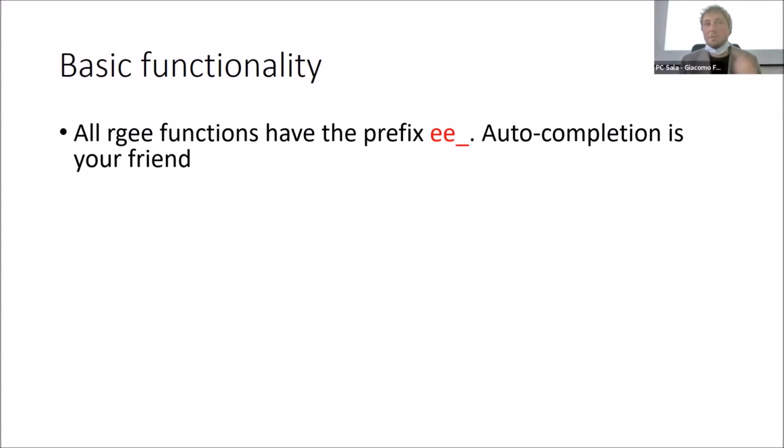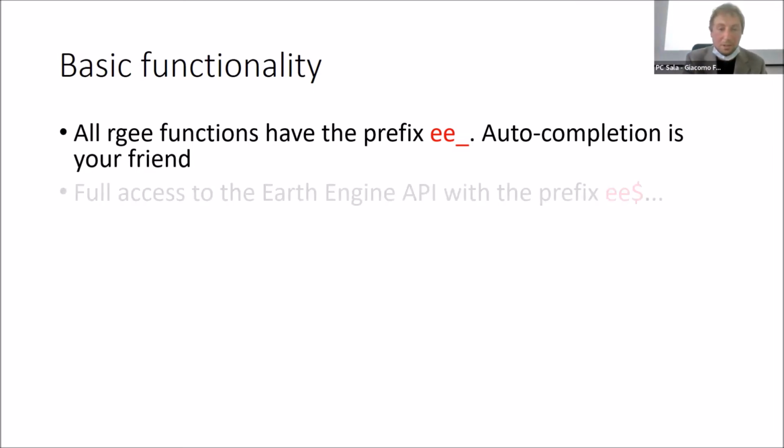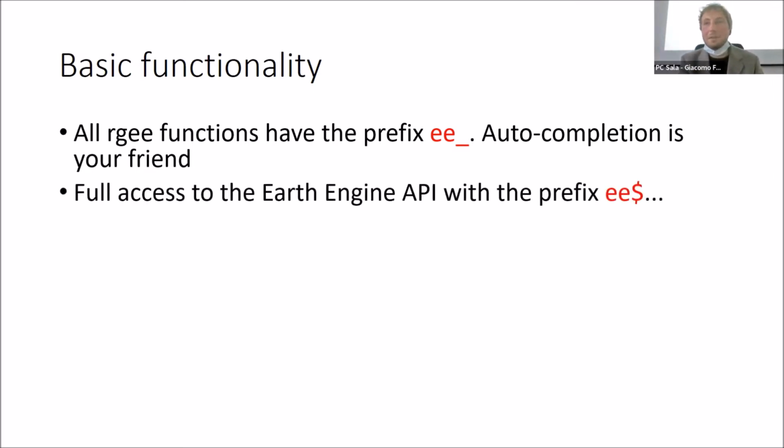So after you load the RGEE package, if you type ee_ into a script or into the console, you will have the auto completion that will show you the list of all the functions that exist in this package that can be used. And then by typing ee$, you will have access to the whole Earth Engine API.